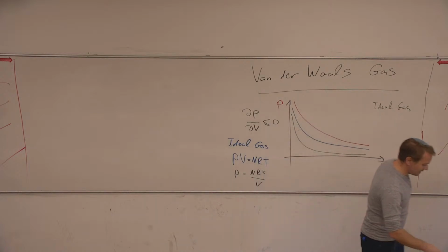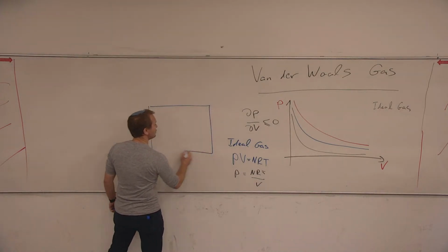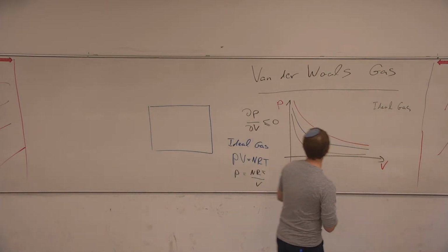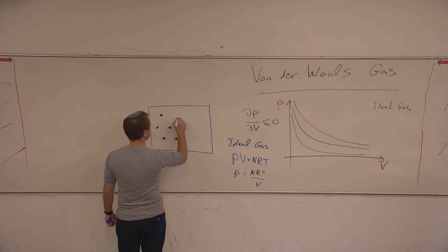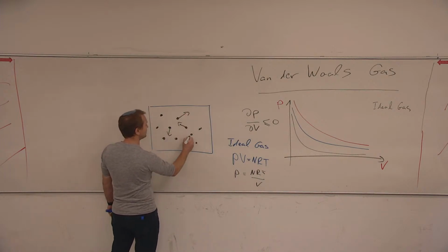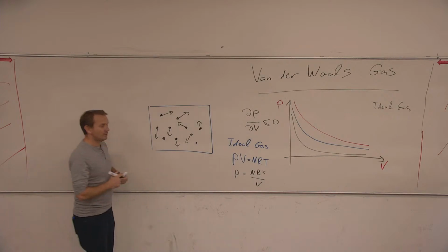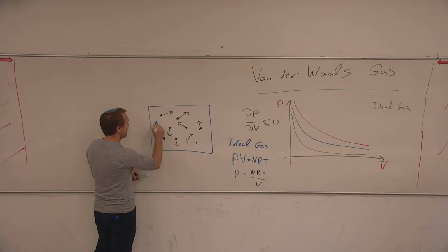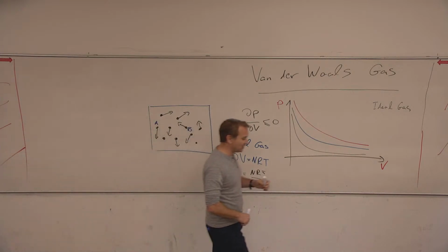Now, why is that? If you remember, what's the whole point of the ideal gas? No interaction. Absolutely no interactions. So if I have a chamber, and inside this chamber are sitting molecules of the gas, and they are traveling in different directions with different velocities, the whole point of the ideal gas is that there is no interaction between any molecule A with any molecule B. They never meet each other, they never perform some sort of a collision, nothing.